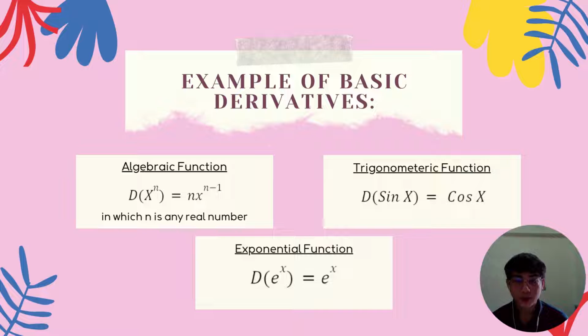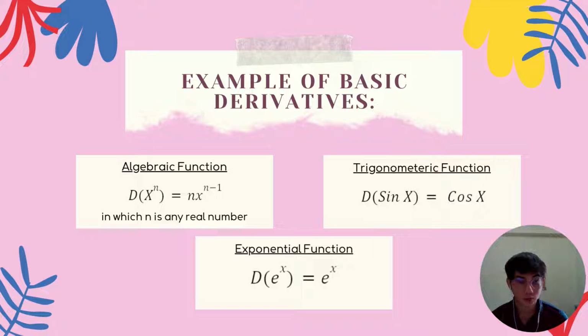Here are the three basic derivatives. Number one is the algebraic function, in which the derivative of x to the power of n will equal n multiplied by x to the power of n minus 1, where n is any real number.